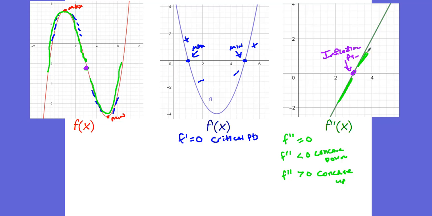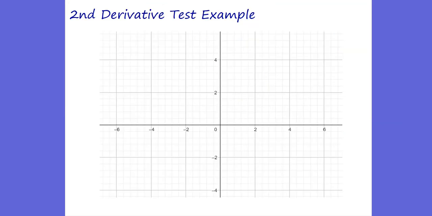And so you can see how the second derivative test is really important to show concavity, whereas the first derivative test really shows maxes and mins. The second derivative test shows us concavity. And so each is a tool that helps to tell us something about our original graph.